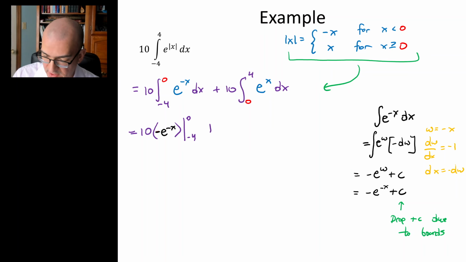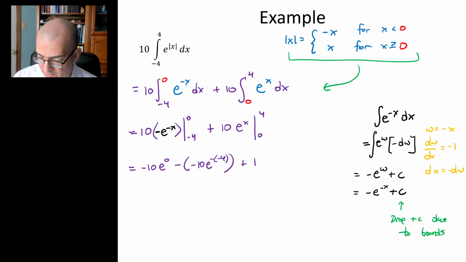And then plus 10 times the antiderivative of e to the x, which is just e to the x, evaluated from 0 to 4. Now we simplify. We plug in the top bound, negative 10 times e to the 0, subtract the bottom bound, negative 10 times e to the negative 4, and in the second part we have 10 e to the 4 minus 10 e to the 0.